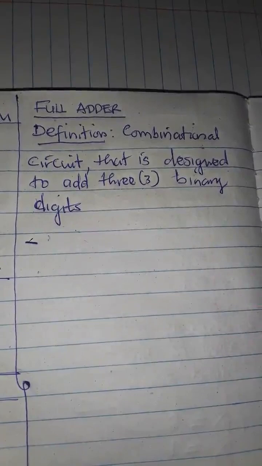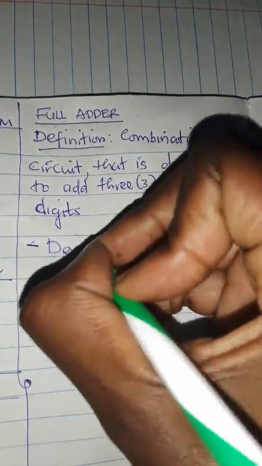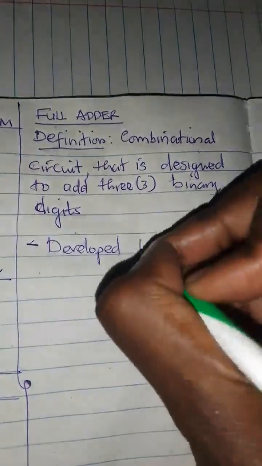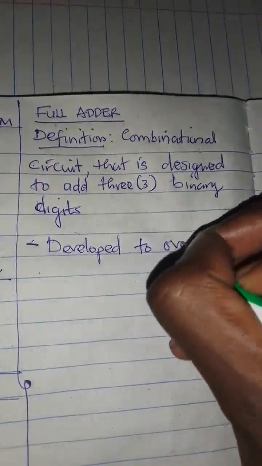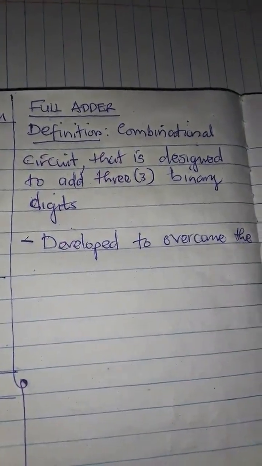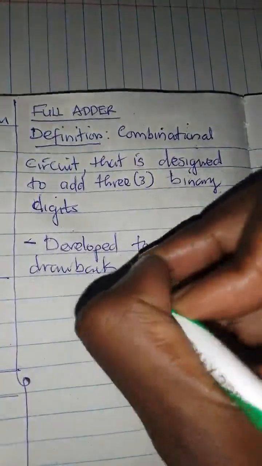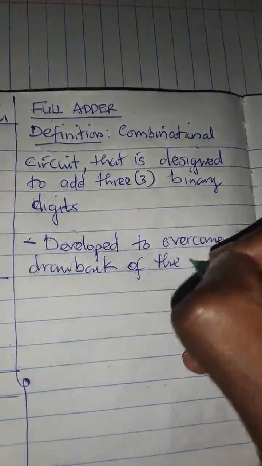So the full adder was developed to overcome the drawback of the half adder.